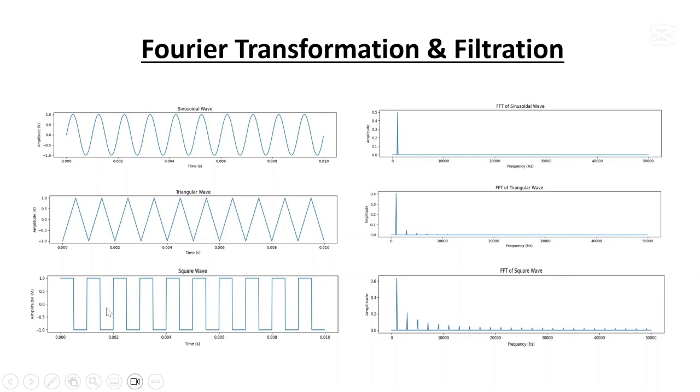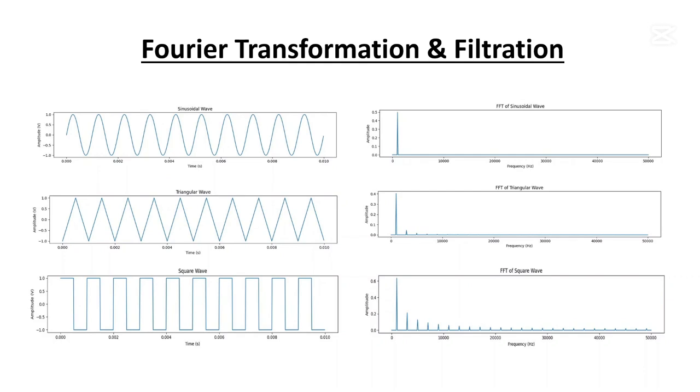Similarly, a square wave is also the sum of a frequency and its harmonics. You can see that in a triangular wave we have less harmonics with less amplitude, but in a square wave we have more harmonics with more amplitude.